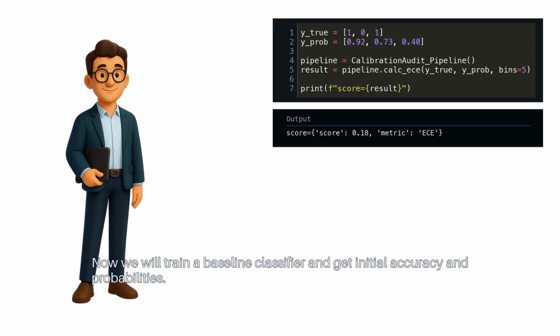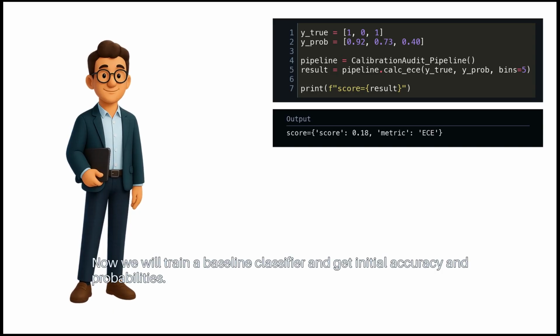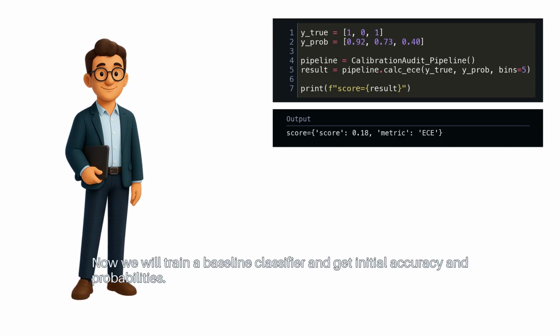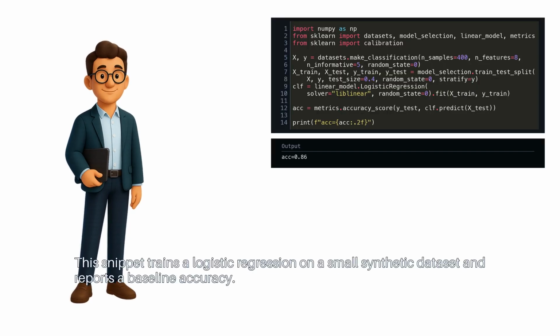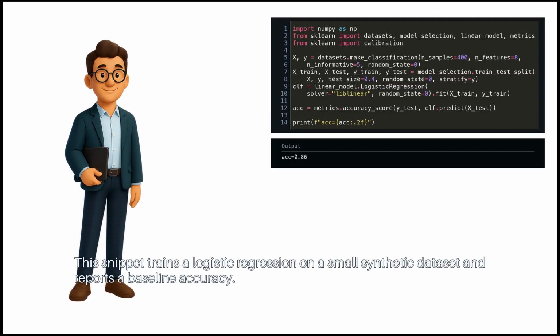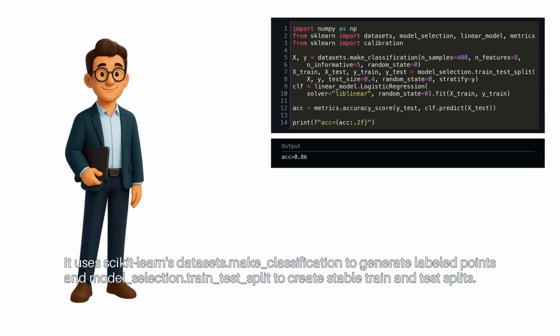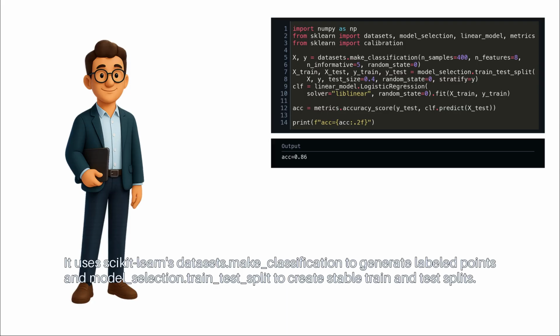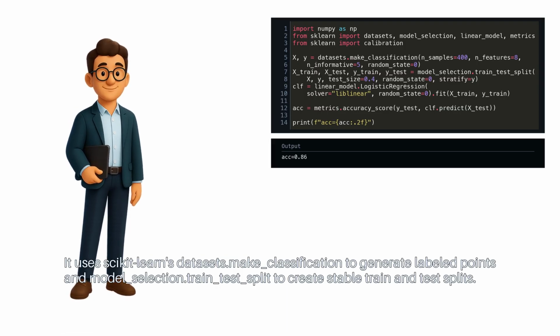Now we will train a baseline classifier and get initial accuracy and probabilities. This snippet trains a logistic regression on a small synthetic dataset and reports a baseline accuracy. It uses scikit-learn's datasets.make_classification to generate labeled points and model_selection.train_test_split to create stable train and test splits.